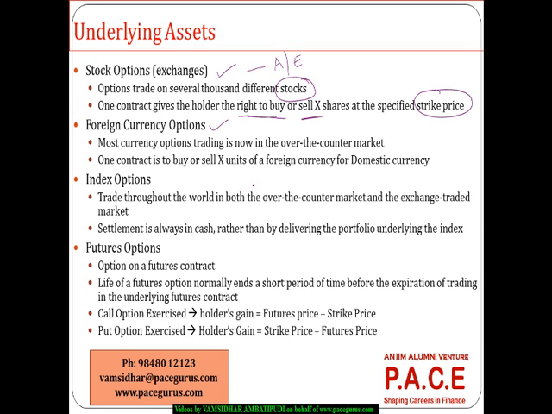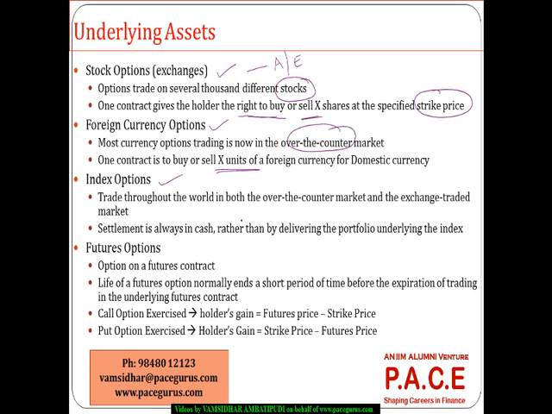Similarly, we can have foreign currency options. Most currency options today are traded over the counter, though we have a few exchanges on which they are traded, but the majority of trading in foreign currency options goes on in the over the counter market. One contract is to buy or sell X units of foreign currency for a domestic currency.